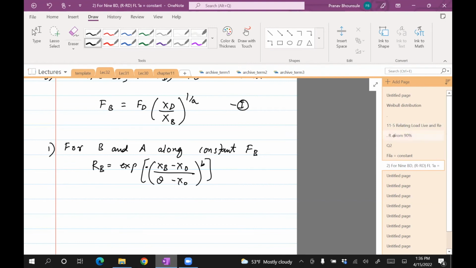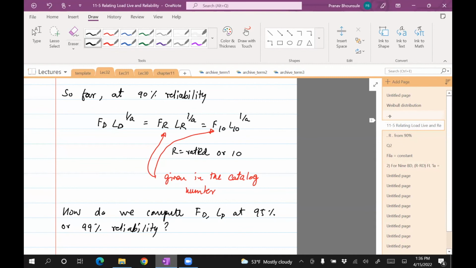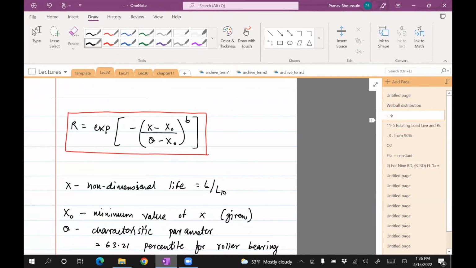Let me check if I got this right here. Yeah, so same equation here.